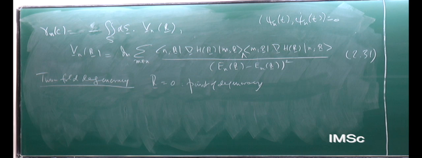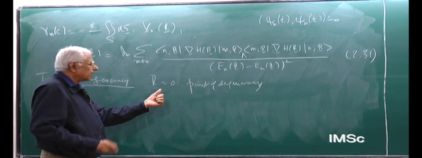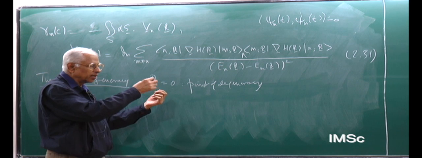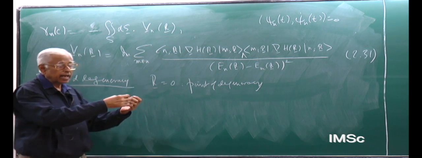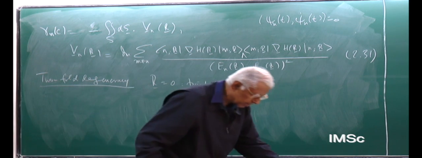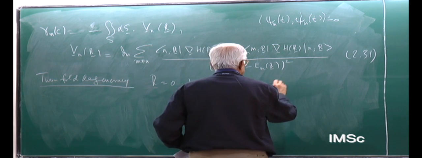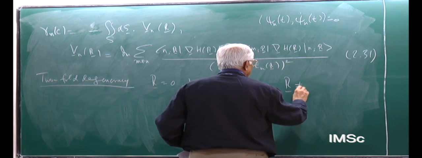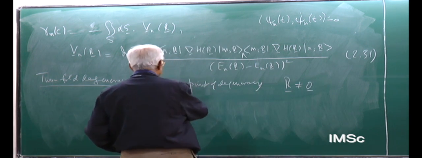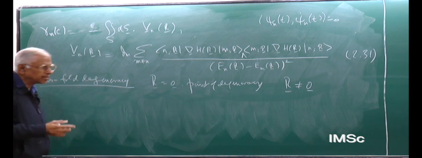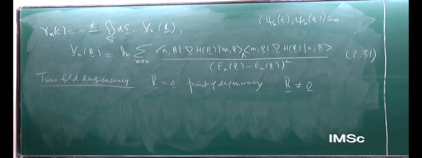Remember, this is three-dimensional parameter space in this treatment. And let us agree to put that point of degeneracy at the origin in parameter space. So it means that if you are away from the origin in parameter space, there is no degeneracy.